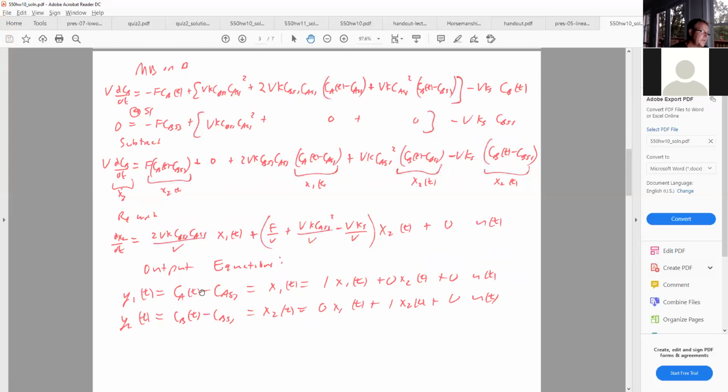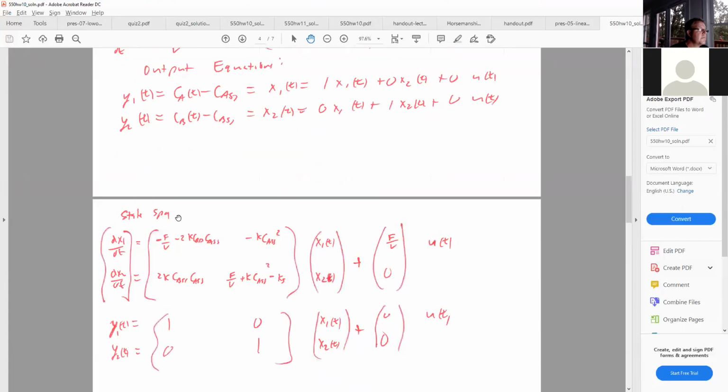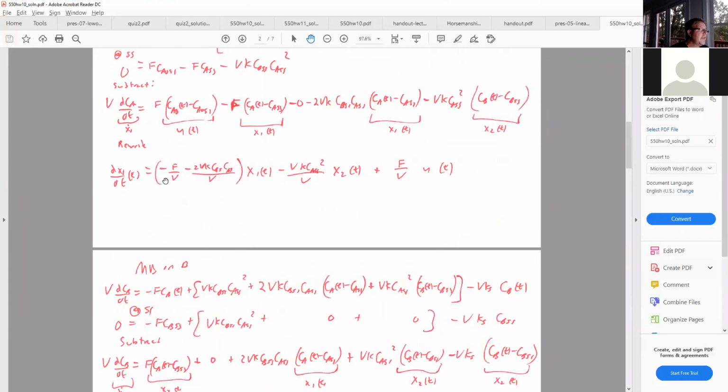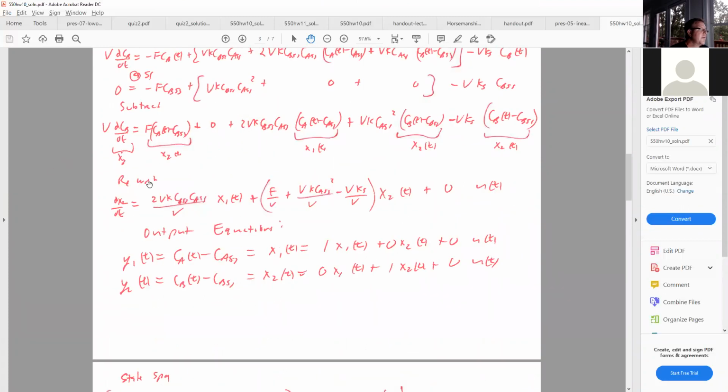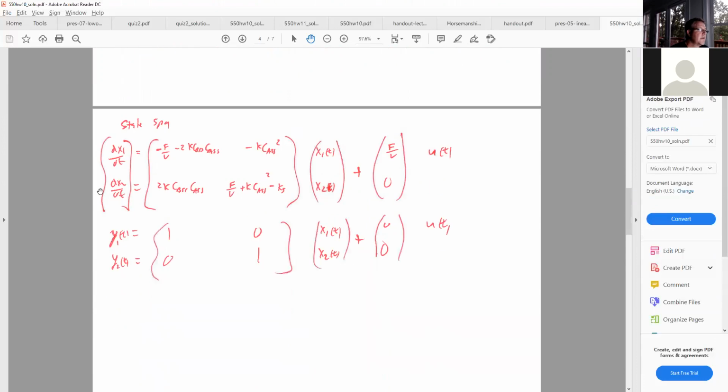In this case, you're just measuring the deviation concentration of A and deviation concentration of B. So that's one of my state space equations, x1, x2, u. These are my output equations in terms of x's and u's. Those are my mass balances.